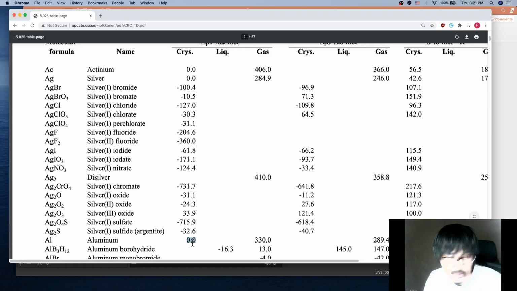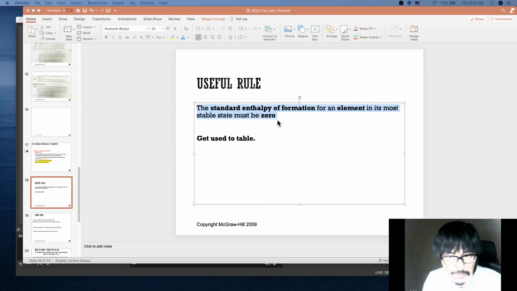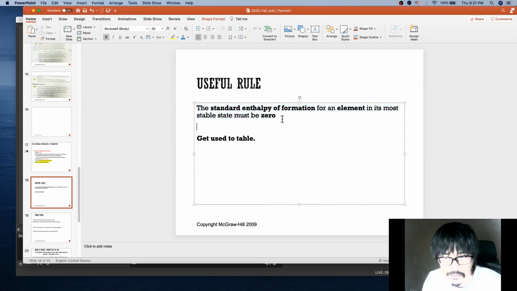That means it's the most stable form and a pure element, and all of those are going to be 0. That's what I meant by the standard enthalpy of formation for an element in its most stable state must be 0. Then all you have to do is learn to use the table.